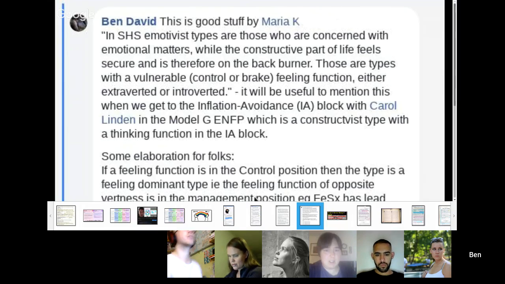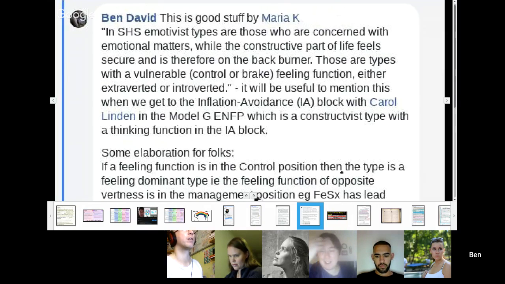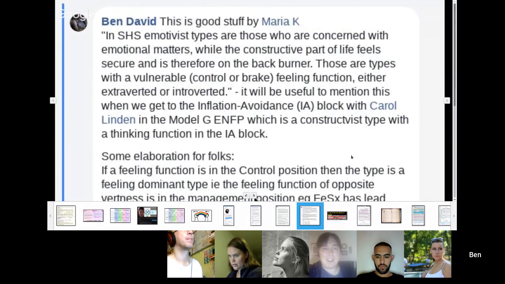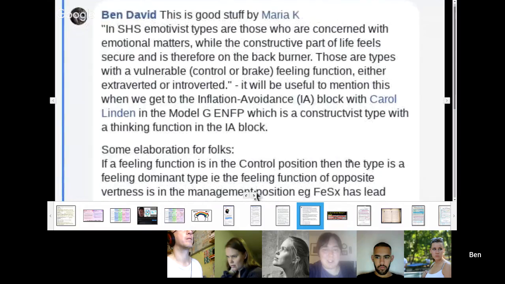That's interesting. I'll have to think about that. Can I just say something really quick? Go on, Noah. I know we're kind of at the time limit here, but I thought ENFP was an emotivist type, not a constructivist type. Well, where? No, I've just said that I'll mention that in the Hangout.